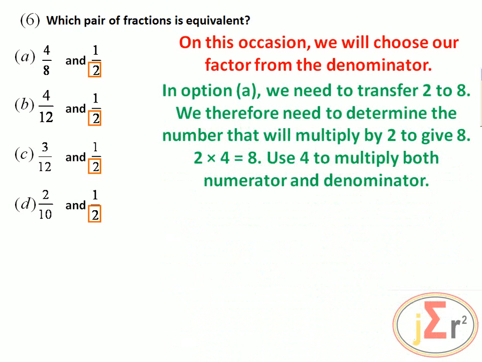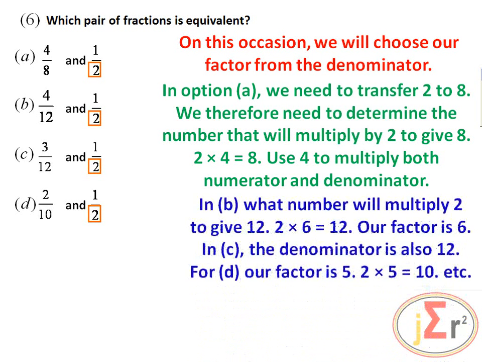So in option A, we need to transfer 2 to 8. We therefore need to determine the number that will multiply by 2 to give 8. 2 times 4 is equal to 8. Use 4 to multiply both numerator and denominator. In B, what number will multiply 2 to give 12?